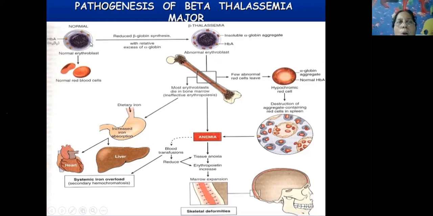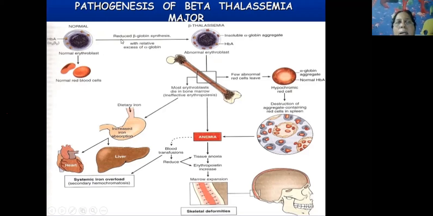This is a normal RBC. This is an erythroblast, this is happening in the marrow. So it is HbA, 2 alpha chains, 2 beta chains. From this normal erythroblast, you get a normal RBC, normocytic, normochromic, with 120 days lifespan.